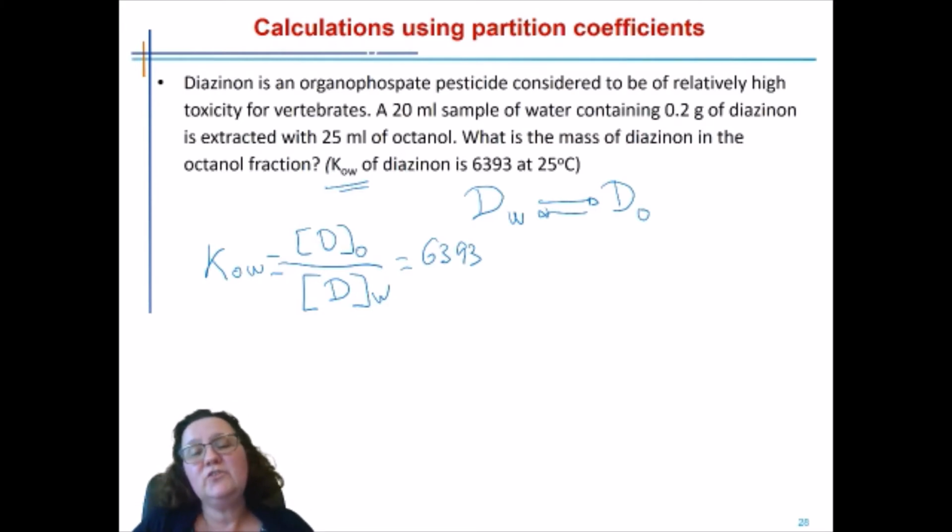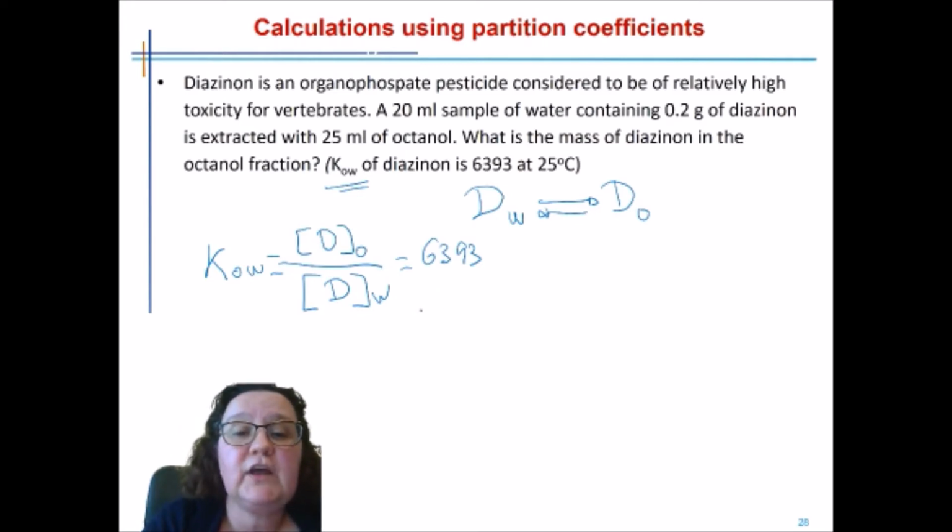So then I need to define what I mean by concentration. What is the concentration of diazinon in the octanol and the water? So I write it down. What is exactly the concentration of diazinon in the octanol?